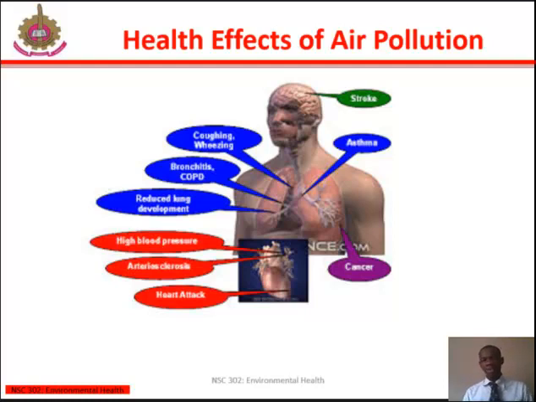Let's talk about the effect of air pollution on the respiratory system. The health of our lungs and the entire respiratory system is affected by the quality of the air we breathe. In addition to oxygen, this air contains other substances such as pollutants, which can be harmful. Exposure to chemicals by inhalation can negatively affect our lungs and other organs in the body.